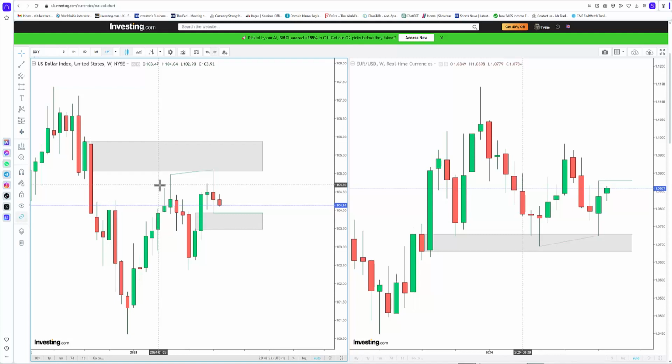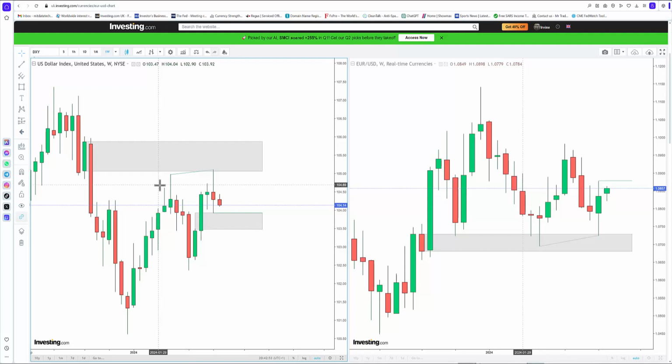You already know that, okay, so tomorrow there isn't that much fundamentals, but Wednesday, what do we have? We've got CPI, right? Wednesday we've got CPI. So what should be your approach to the market? You should be anticipating price to create, say, a high tomorrow before market tumbles going to the downside on dollar index, or it should create a low on Euro USD before it rallies to the upside.